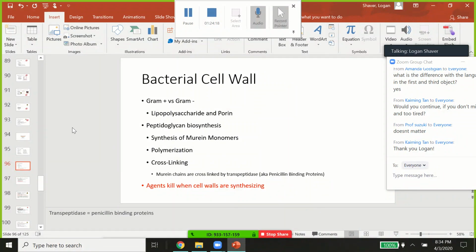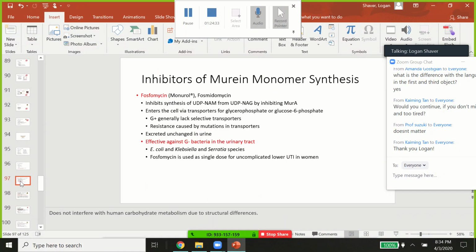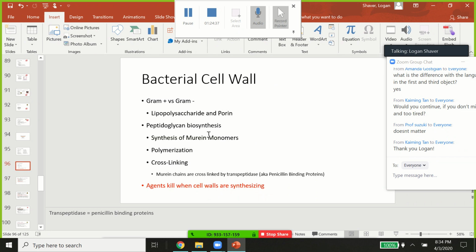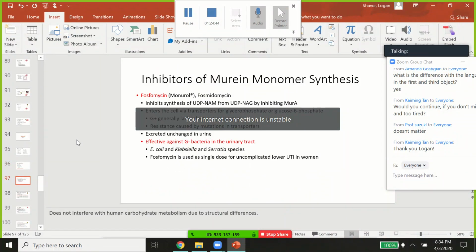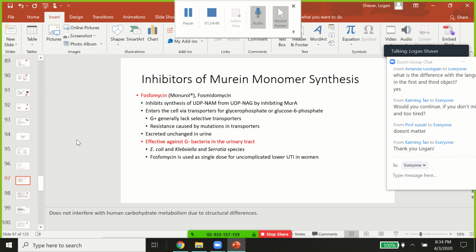So that's a main target: synthesis of the wall itself. That's a very common target for a lot of these drugs. Then murein monomer synthesis. Notice this right here is part of peptidoglycan biosynthesis. So that's why it's important to know.